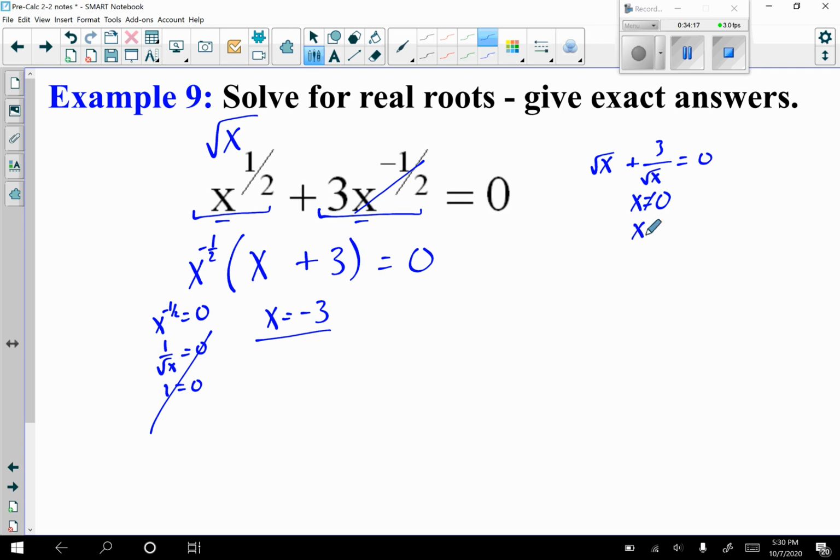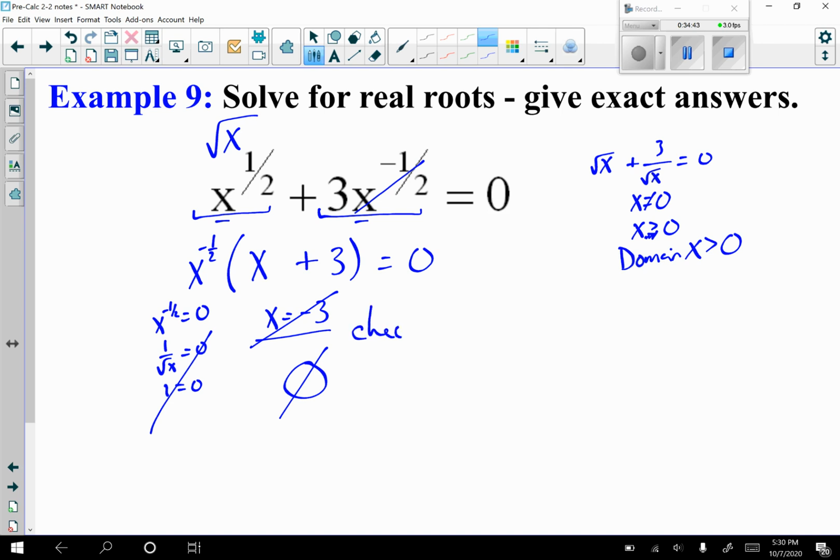Also for root x, x has to be greater than or equal to 0. Well, we can't have equal to, so we'll take it out. So our domain on this one is x's have to be greater than 0 to be allowed in this equation. Negative 3 is not bigger than 0. That is extraneous. There are no solutions on this problem.